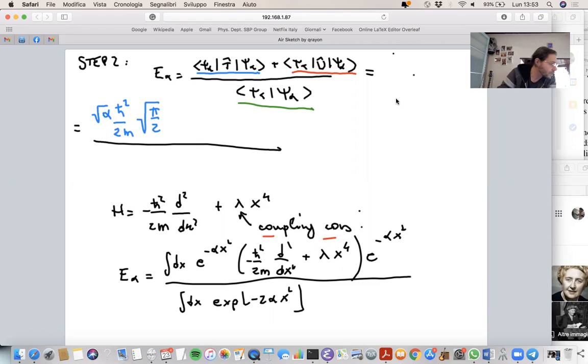Now let's look at the potential energy. The potential energy is going to be plus, up to the normalization, 3 lambda divided by 16 alpha to the 5/2, and again root of pi over 2.